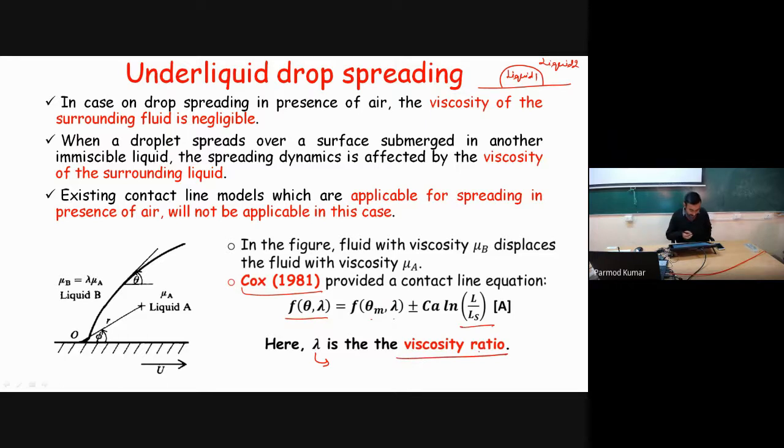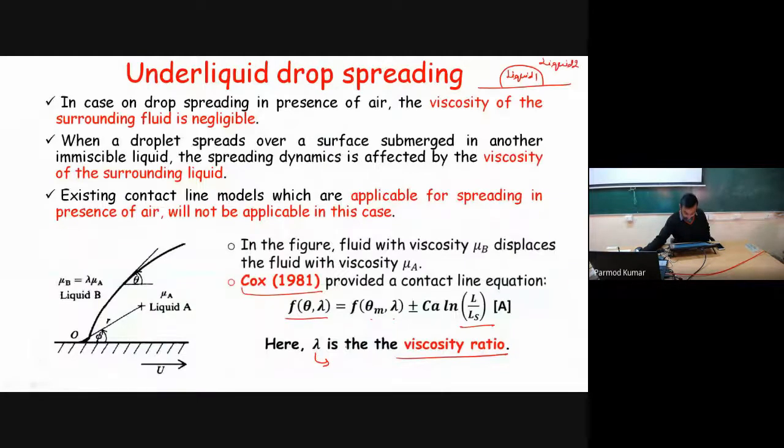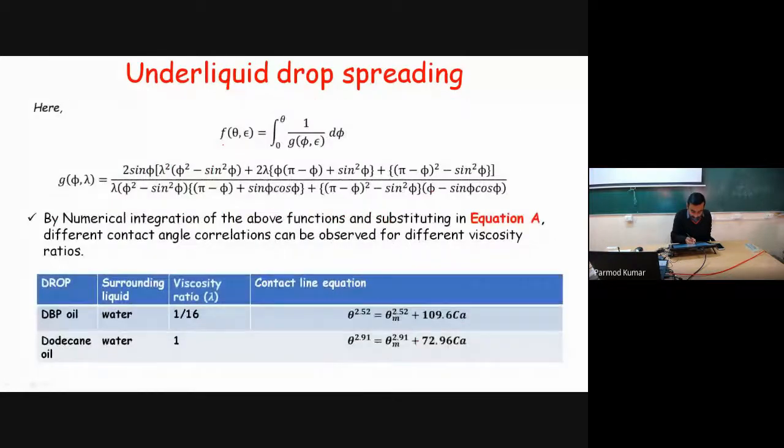Okay, so if you see the functional form of f, here this epsilon is nothing but lambda only. So this is a typo. Here you can see that f of theta comma lambda is the integration from 0 to theta of 1 by g of phi comma lambda into d phi, and this is the function g of phi comma lambda.